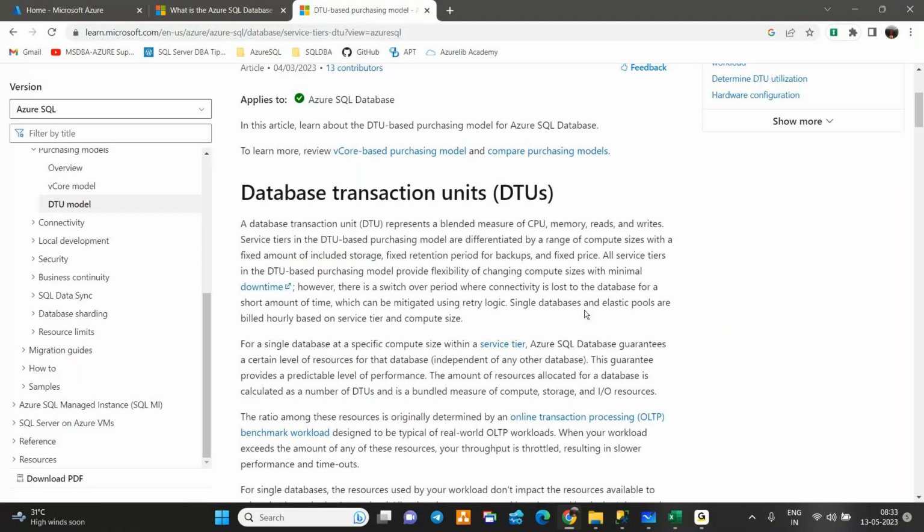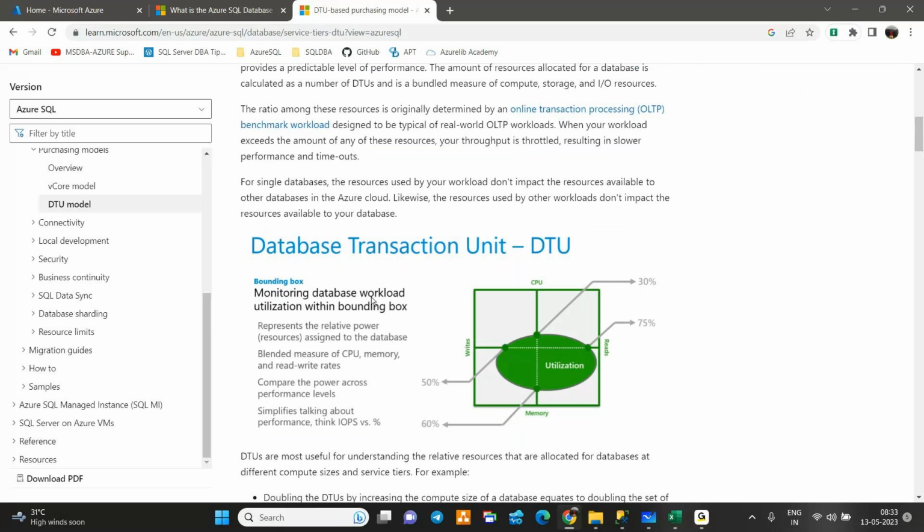Till now, on-premises and in Azure IaaS, we choose how many cores we want, how much memory, how much IO, and how much storage, because everything works independently. But in the Azure SQL Database DTU purchasing model, it is a blend of resources.